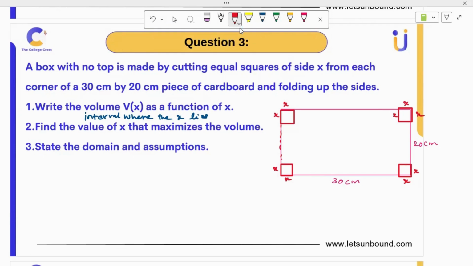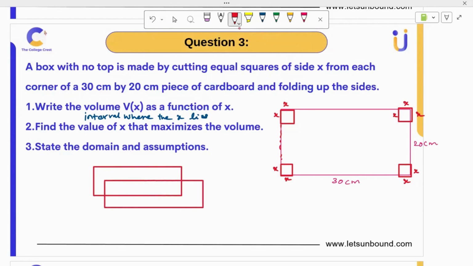Now, you make an open top box like this. So what will be the height, the length, and the width? This part will act as the height, so the height is x. Actually, we should start from length, but anyway, height is x. What is the length?